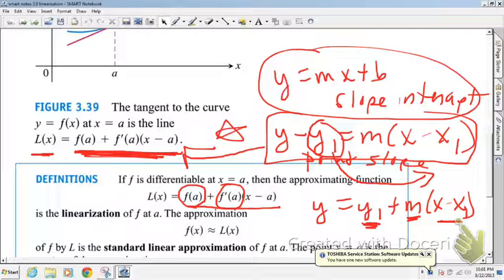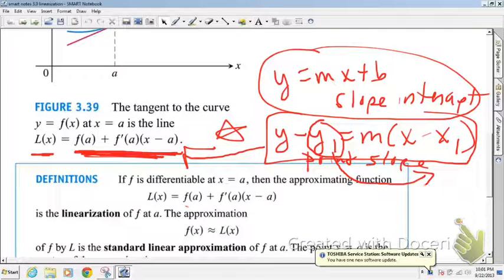And x1 is the point that's given. So all we're really doing is saying that L of x is still the equation of the tangent line. It's just that we're stemming that off of point-slope form rather than y equals mx plus b form. So for the purposes of this section, you will want to wheel and deal with L of x in that form: function evaluated at a plus f prime evaluated at a times x minus a.